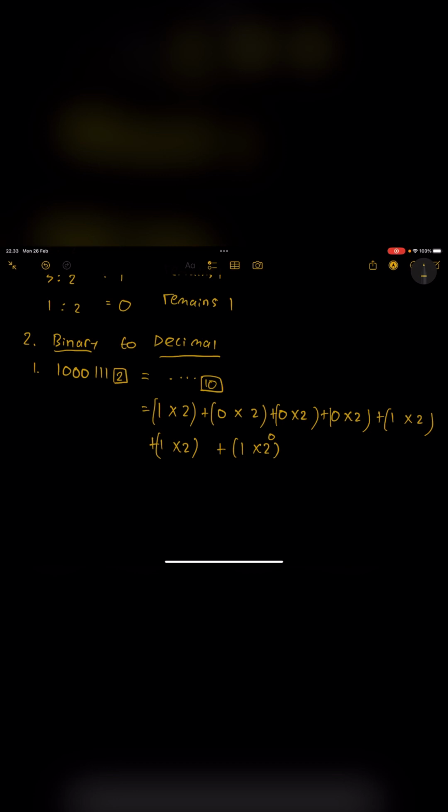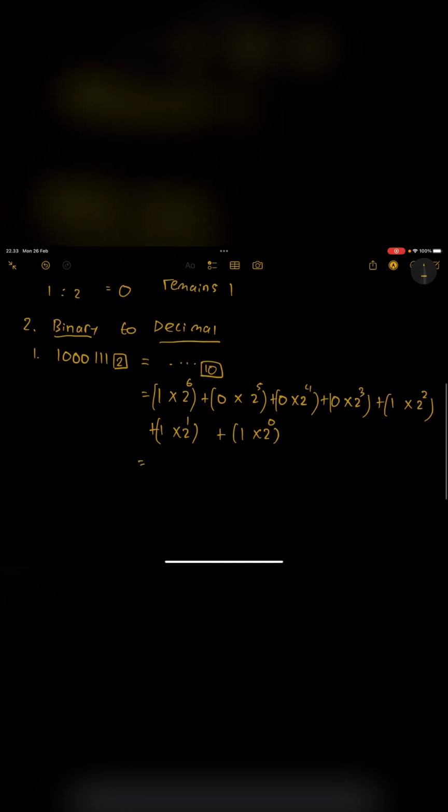So starting from the LSB, it will be 1 times 2 with the power of 0, and going to the left, 1 times 2 with the power of 1, the power of 2, the power of 3, the power of 4, the power of 5, the power of 6.